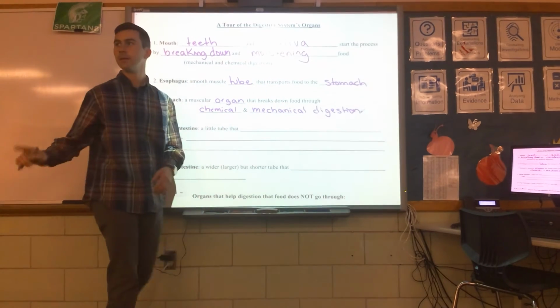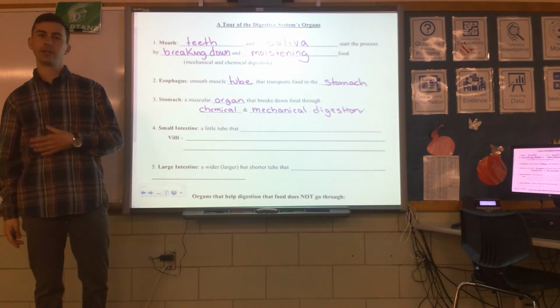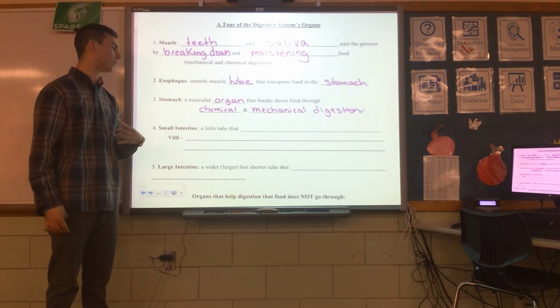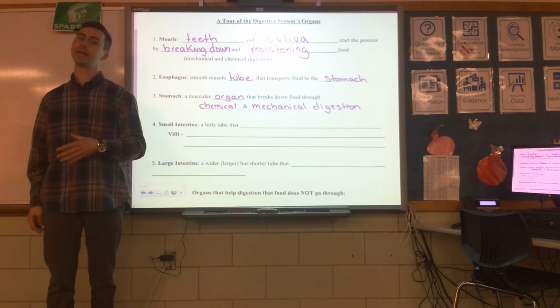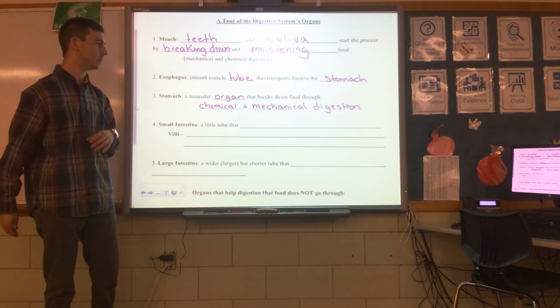So this means that when we use the chemical digestion with that acid, it will break down those molecules a little bit further, but your stomach also goes through mechanical digestion, which means it's going to twist and turn that food around.